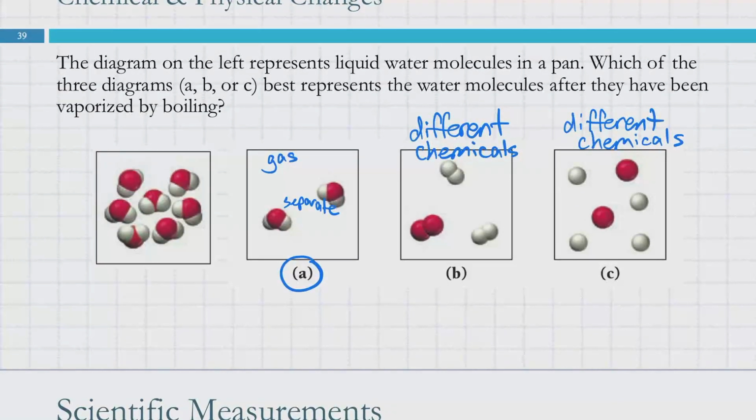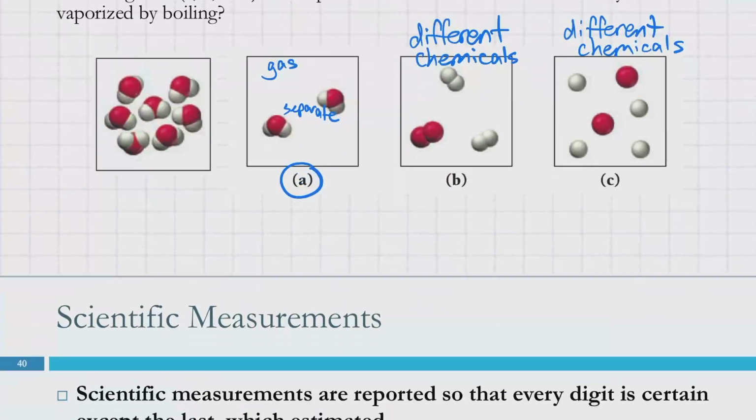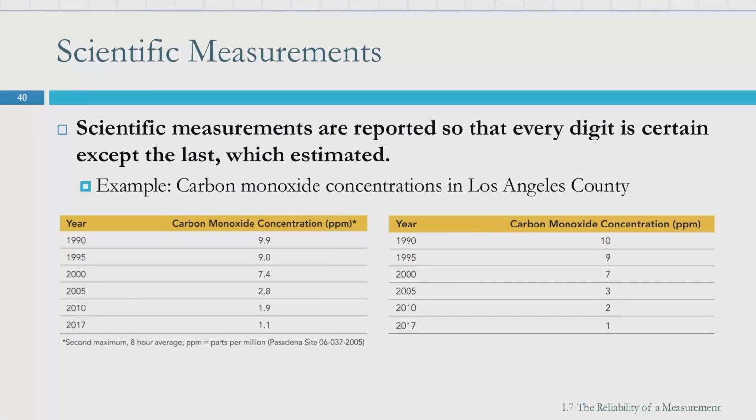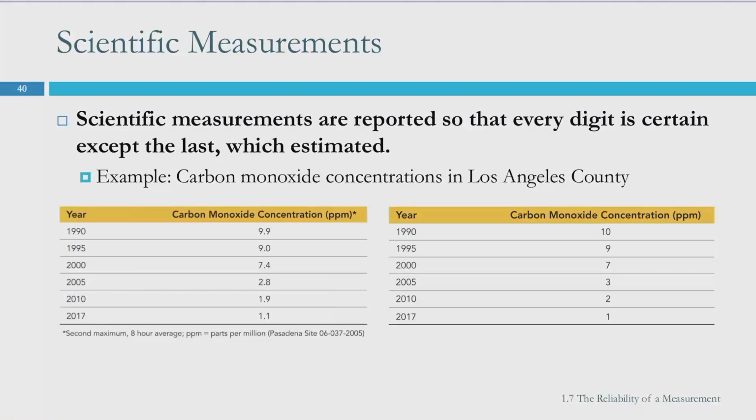Questions at all about physical versus chemical? Cool. Scientific measurements. We're going to be making a lot of scientific measurements, mostly in lab. The way that we report scientific measurements is so that every digit is certain except the last. The last digit is always an estimate.